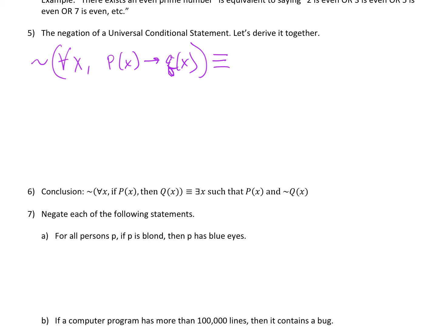Okay, so we know that the negation of a for all is a there exists. So this is going to become there exists an x such that not the rest of the statement. So not p of x implies q of x.